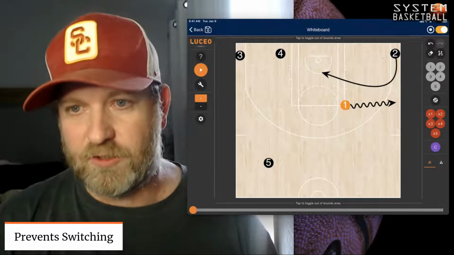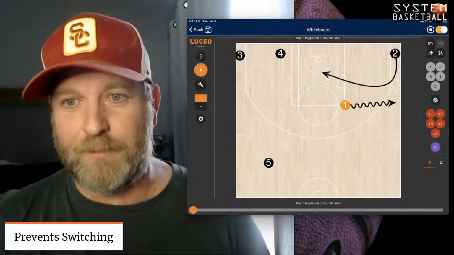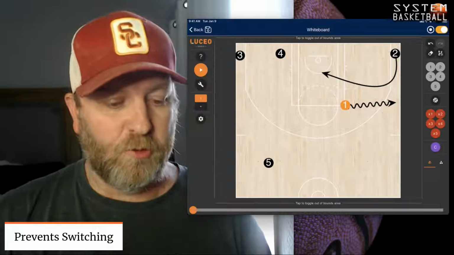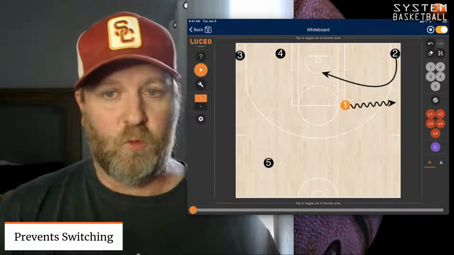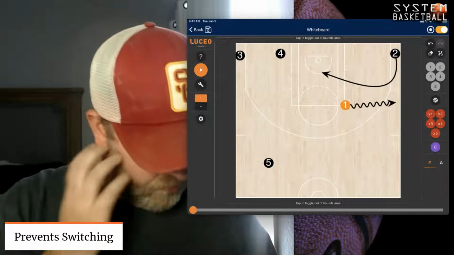I'm going to say that's a pass. That's a dribble. My software here, the Lucio software, will not dictate a pass out of bounds. That's a good thing. But if you threw it, it would go out of bounds. So to prevent it, we throw positive passes to prevent switching and turnovers.